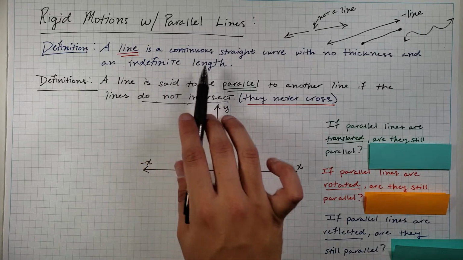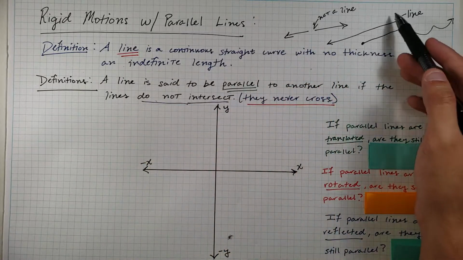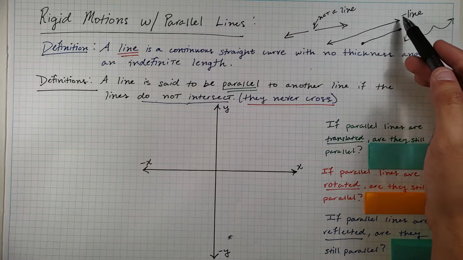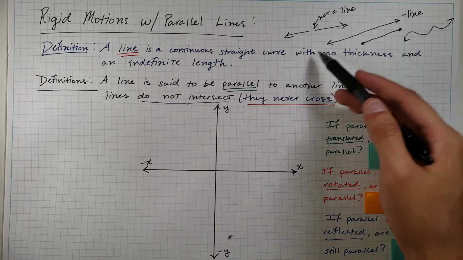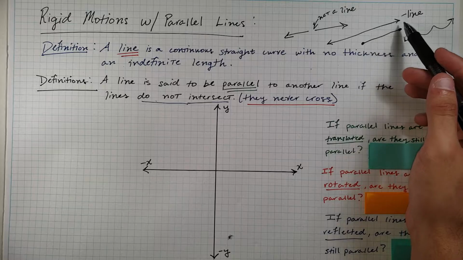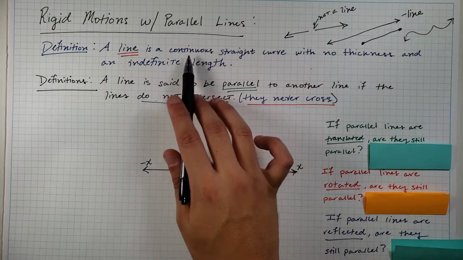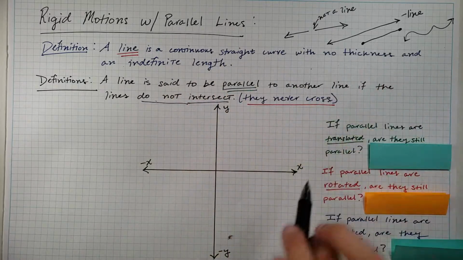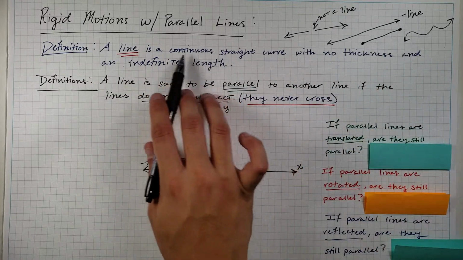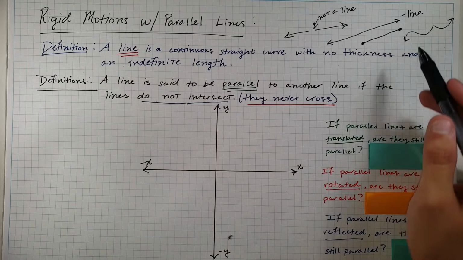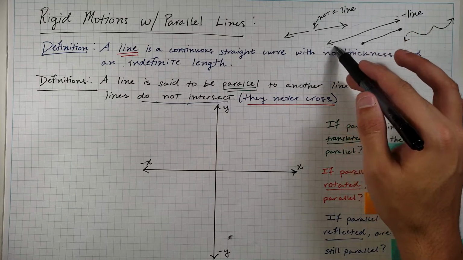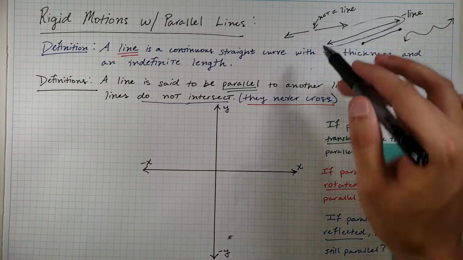When I say indefinite length, that just means we're not worried about how long it is, and we're also not even given that, okay? So let's say we're not even given the length of the line, we just know it's a straight, continuous straight curve with no thickness. So indefinite just means we don't know how long the line is. All right, so this is what our lines are going to look like in pre-algebra.